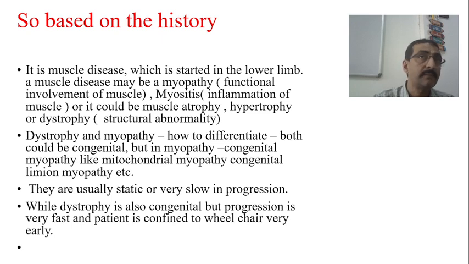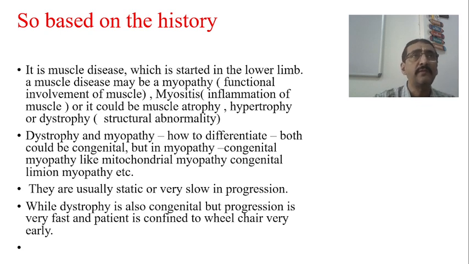The functional problem of the muscle in congenital and mitochondrial myopathies is not chronically progressive. It is chronic, yes, definitely, but a chronic static problem. Or myopathies may be very slowly progressive, not as rapid as we see in dystrophies. So they are either slowly progressive or static.